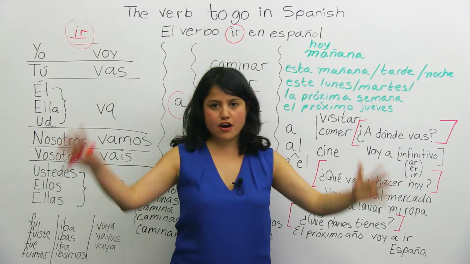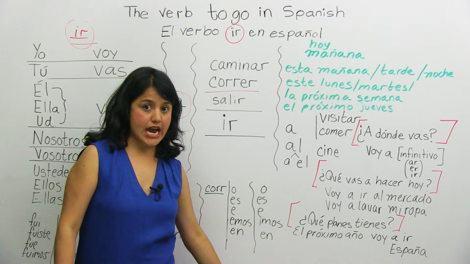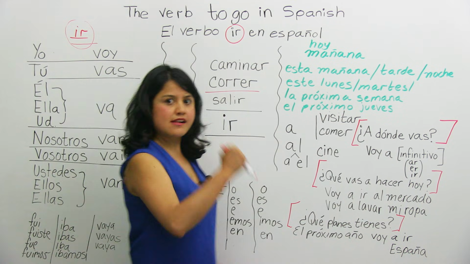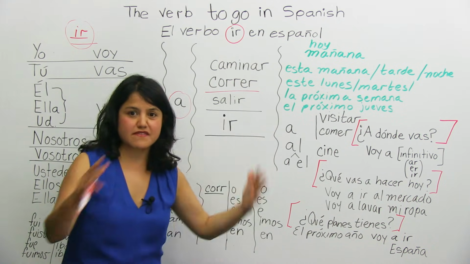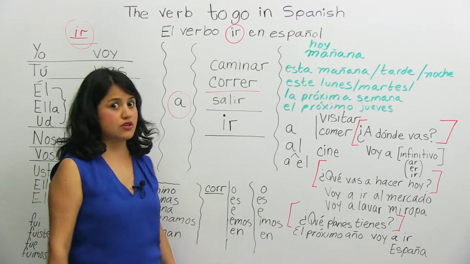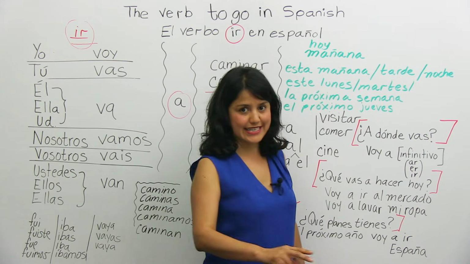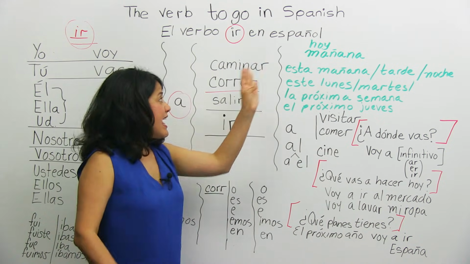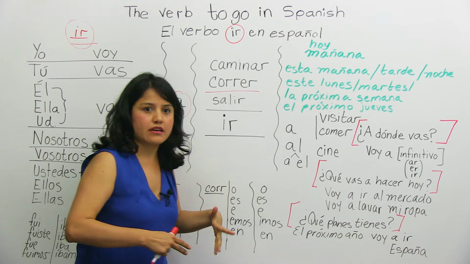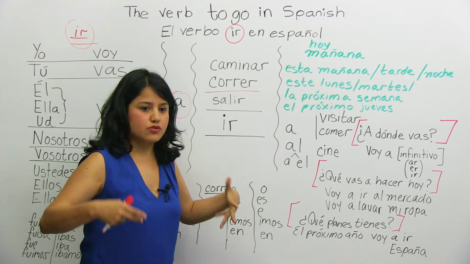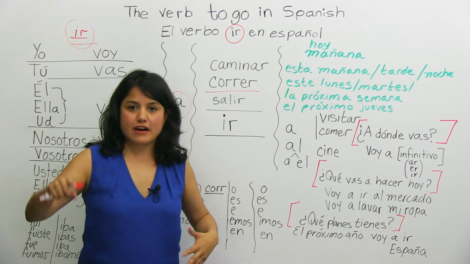The world of the verbs that end with er, such as correr. And the universe of verbs that end with ir, such as salir, when you're leaving. Do you understand? That's the root. That's like saying to go, to sing, to jump, to run. You say "to" and the verb, that's an infinitive.